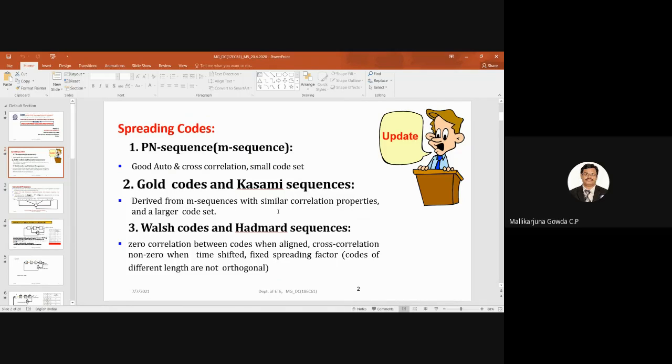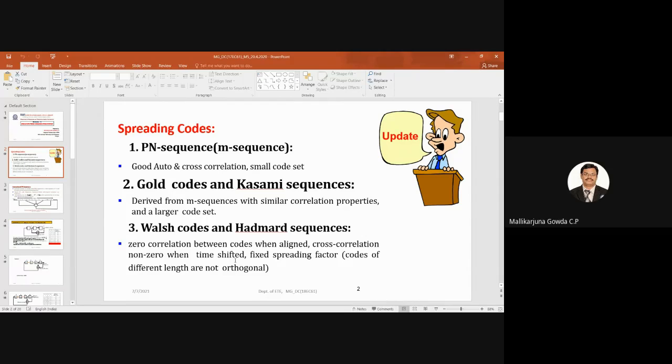Though these Gold codes and Kasami sequences are derived from the M sequence, with what? With similar correlation properties and a larger code set. And these Walsh codes and Hadamard sequences have zero correlation between codes when aligned, and the cross correlation is non-zero when time shifted, and they have fixed spreading factors. These are some of the key characteristics of Walsh codes and Hadamard sequences.